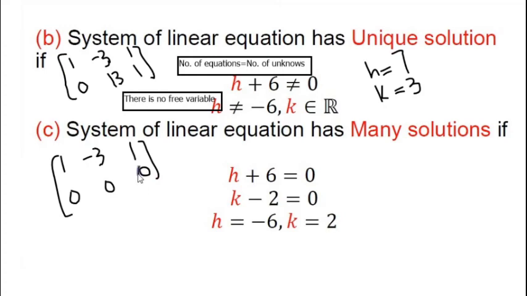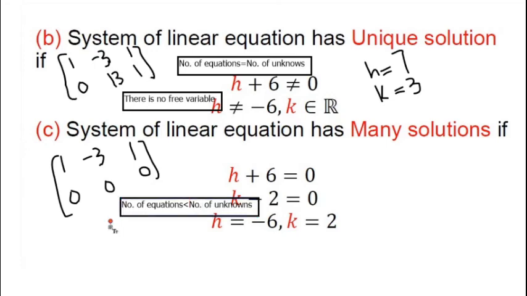In this case we see that the number of equations is less than the number of unknowns.